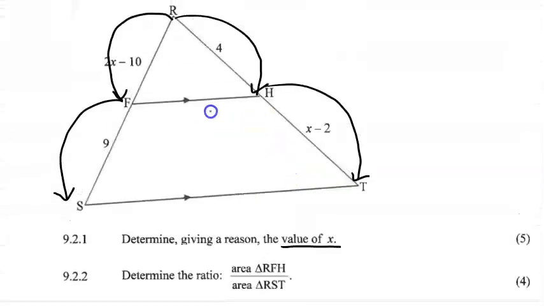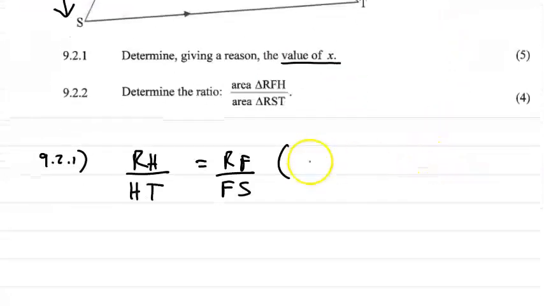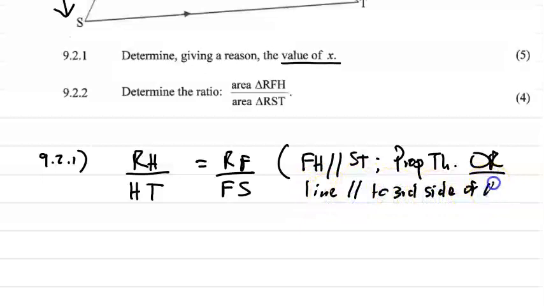And our reason will be FH parallel to ST. Also include the proportionality theorem, or we can say line parallel to third side of triangle. Okay, so you can choose either reason.